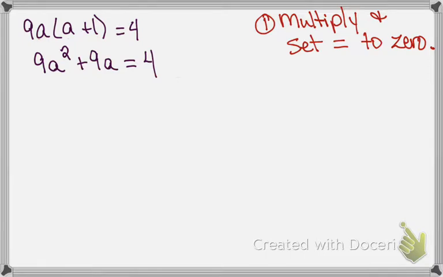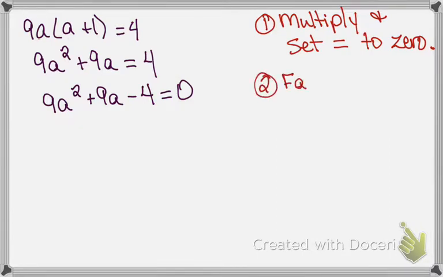And when I subtract it, I get 9a squared plus 9a minus 4. Okay. Is it set equal to 0? Yes. So now I can factor it.